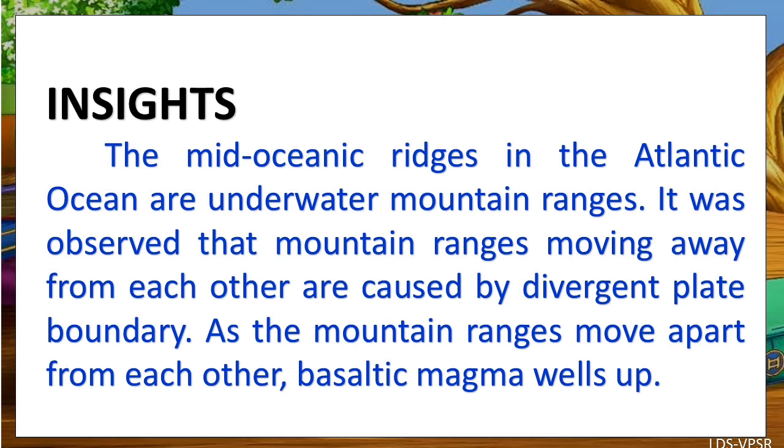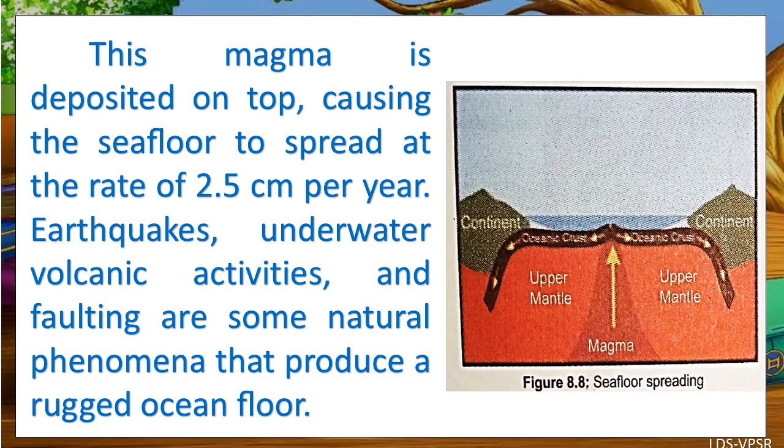Insights: the mid-oceanic ridges in the Atlantic Ocean are underwater mountain ranges. It was observed that mountain ranges moving away from each other are caused by divergent plate boundary. As the mountain ranges move apart from each other, basaltic magma wells up.